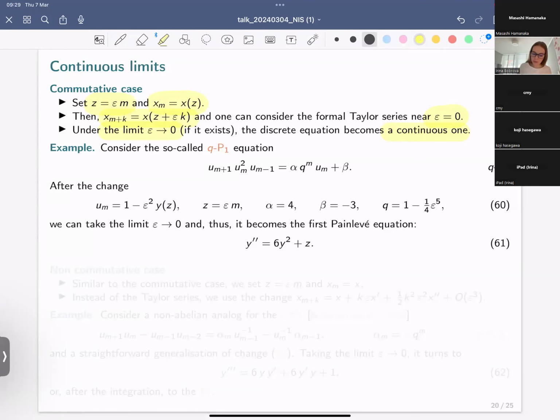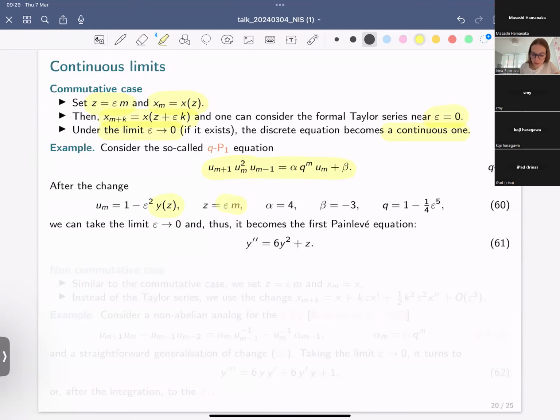Let us look at an example. Consider the so-called QP1 equation. Let us take the following change. We introduce a new variable y, dependent on the variable z.